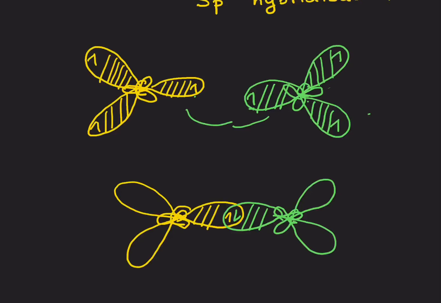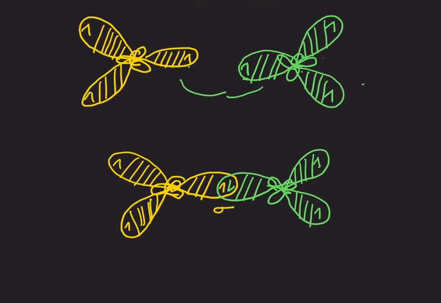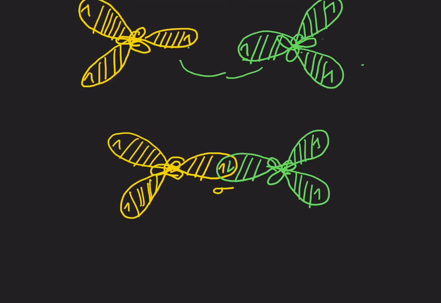Okay, what about the others? Yes, they are also there. Now, here we've got the sigma bond. This sigma bond has taken place between the sp2 hybrid orbitals, right, of the two carbon atoms. So, we call it the sp2-sp2 sigma overlap, right?